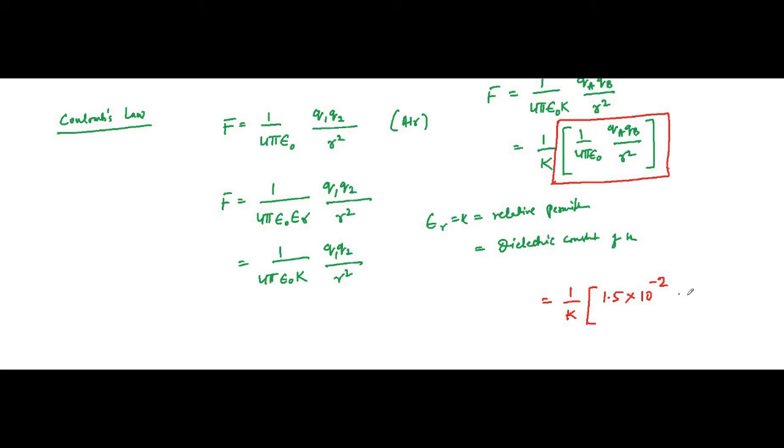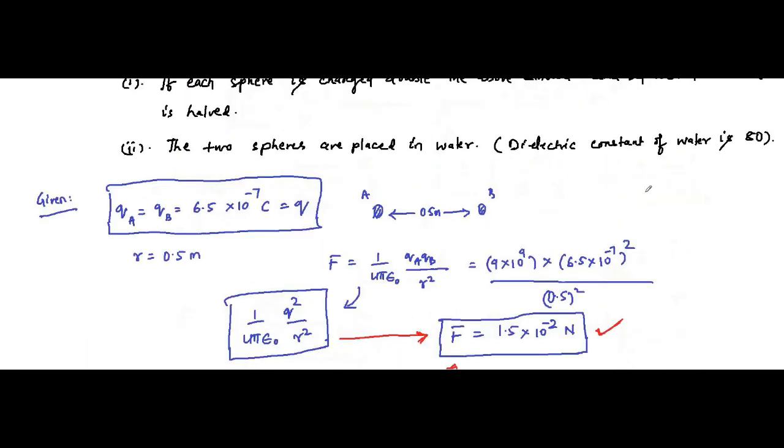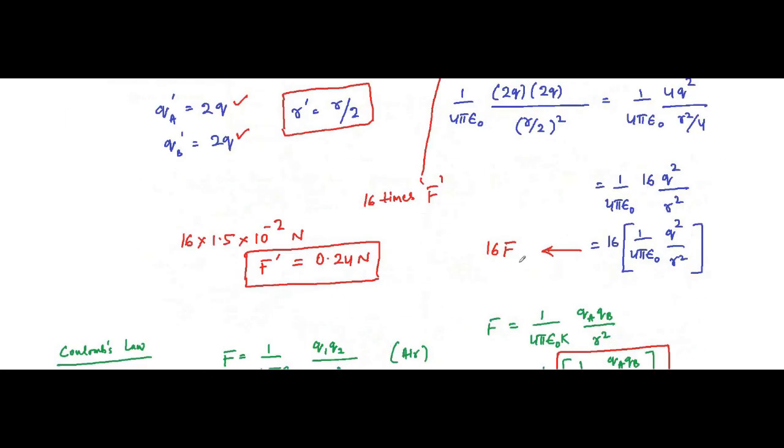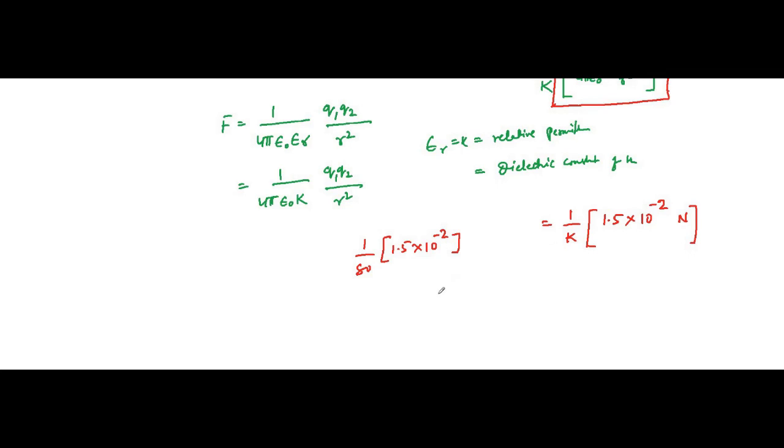And that is equal to 1 by 80 into 1.5 into 10 to the power minus 2 Newton, because it has been given that the dielectric constant of water is 80. So this value is coming around 1.875.